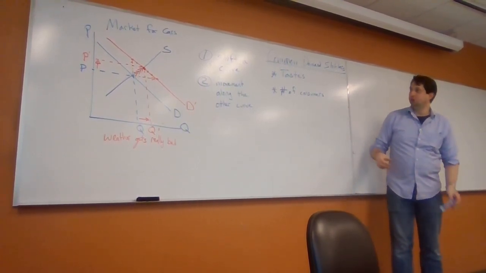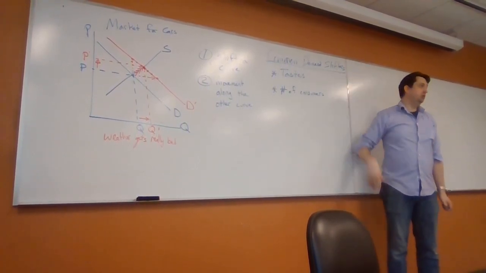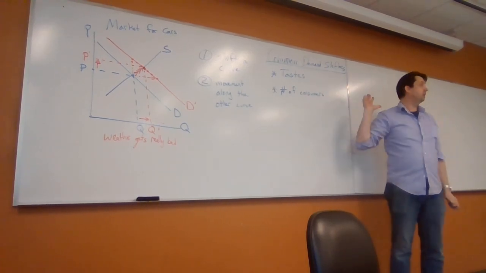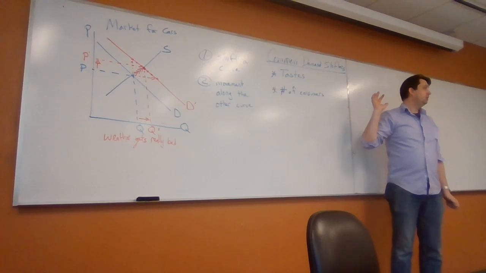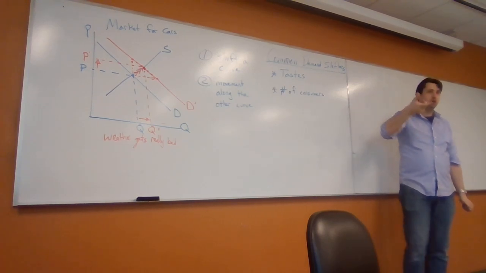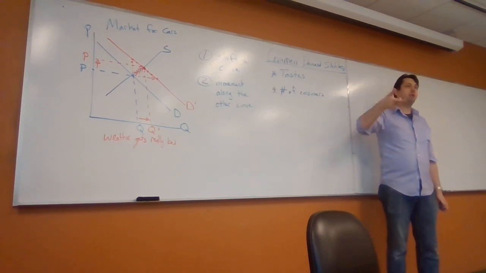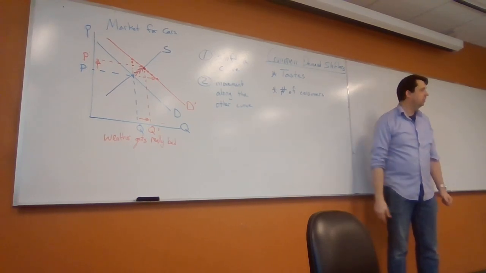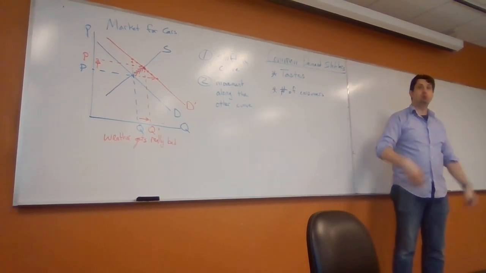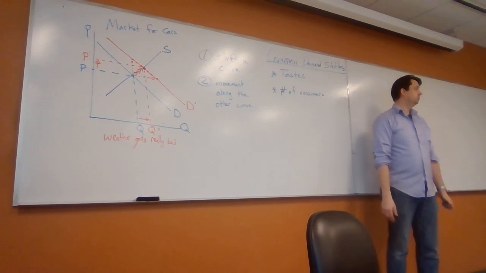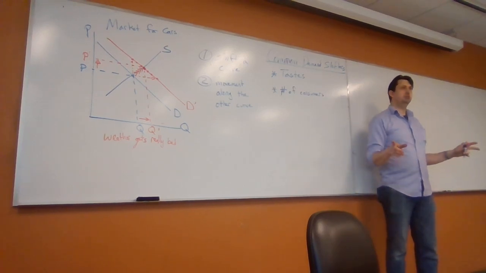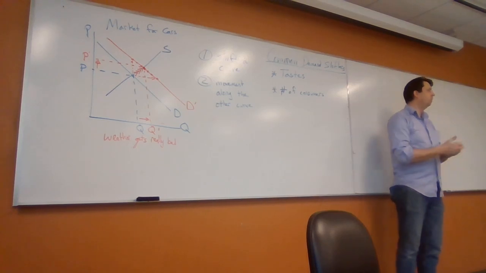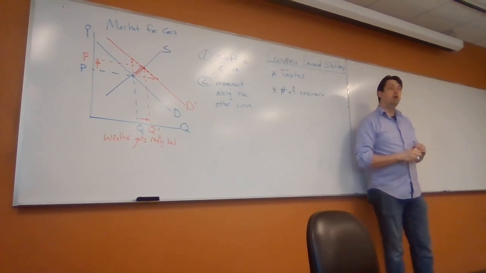For example, in the market for dog food, if more people get dogs, you would expect the demand curve to shift to the right. Not because people who currently have dogs like dog food more, but they are now competing with other people who simply like dog food because they want to feed their dog. There are more consumers of dog food, more buyers.